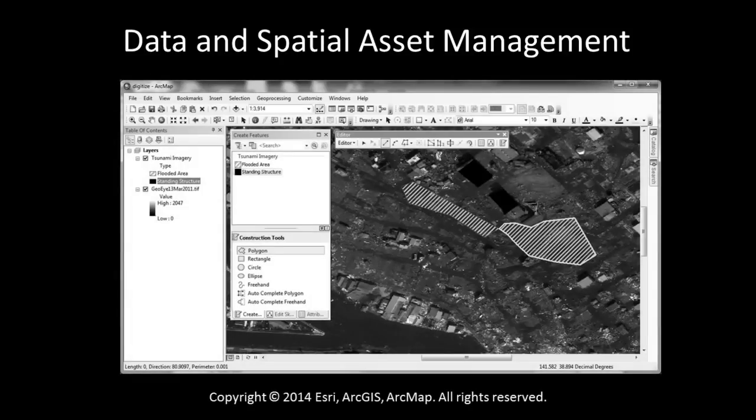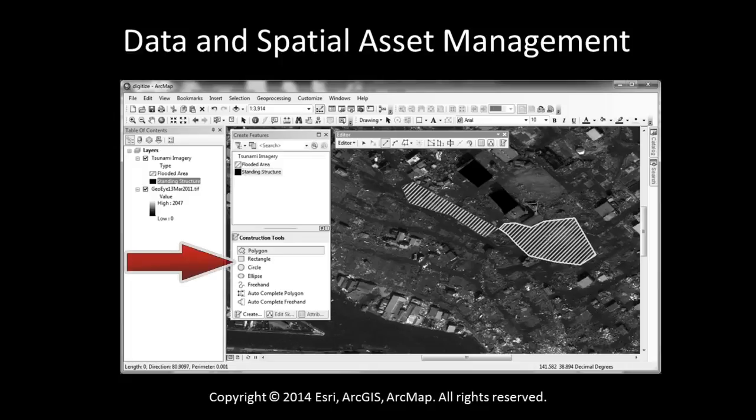Creation of spatial data can involve many activities such as digitizing features from images. In this figure, features from an area flooded after the 2011 Fukushima tsunami in Japan are being digitized from a satellite image of the disaster zone.